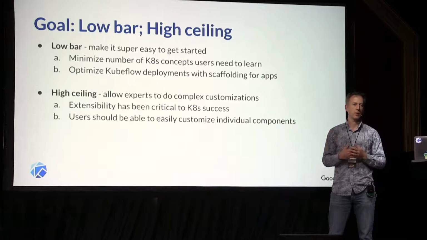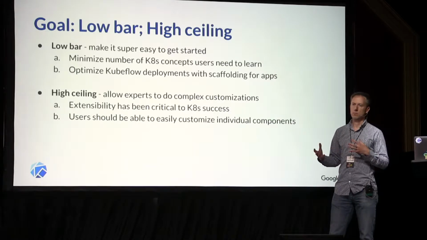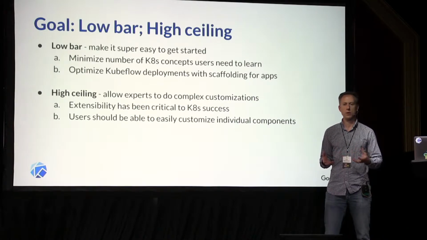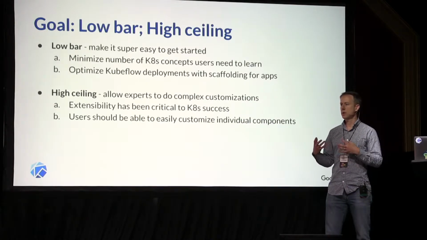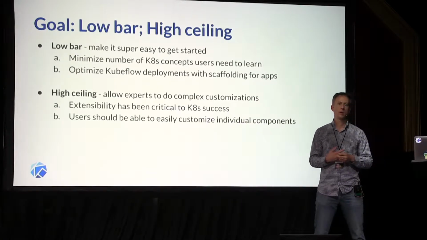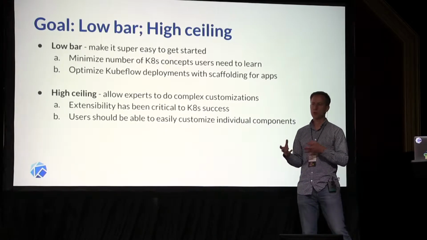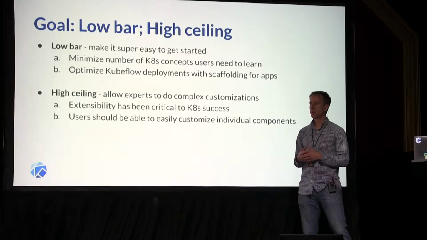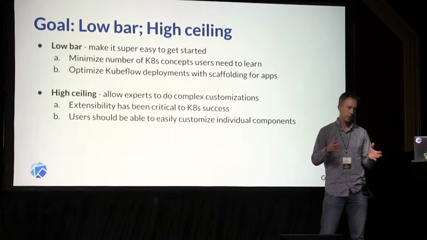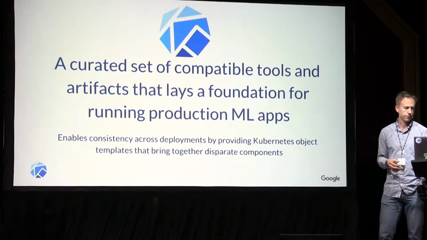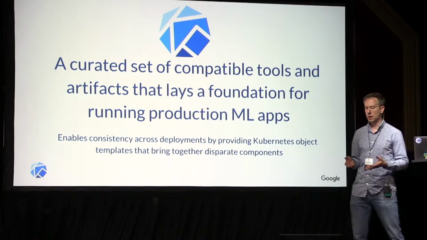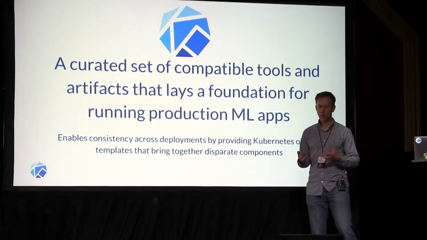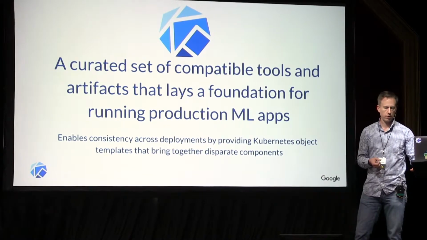But also a high ceiling, because we know that a lot of times customization and extensibility are needed, so everything about the project is open. You can tweak it, for example the out-of-the-box JupyterHub image, you could change it and use that instead of the one that we provide. So it's trying to address both of those needs. In the end, it's a curated set of tools and artifacts for machine learning running on Kubernetes.